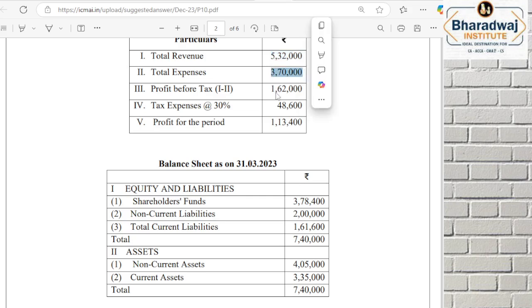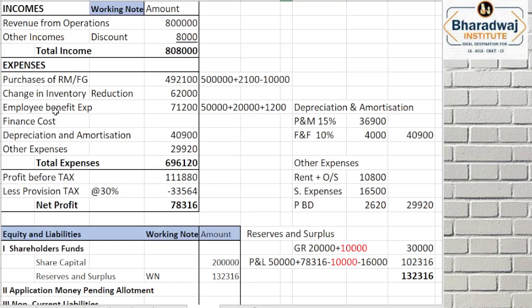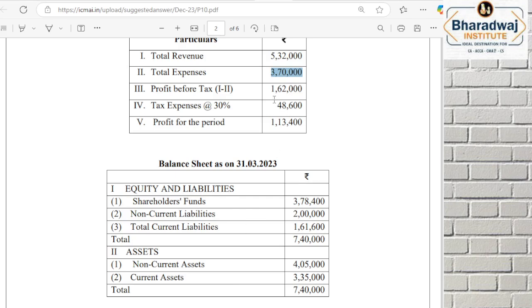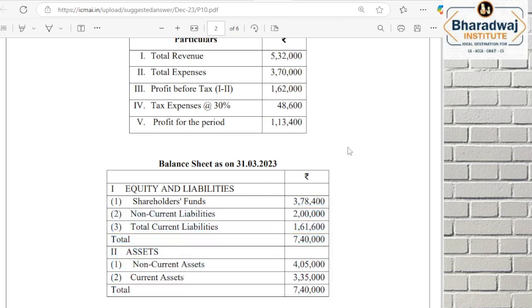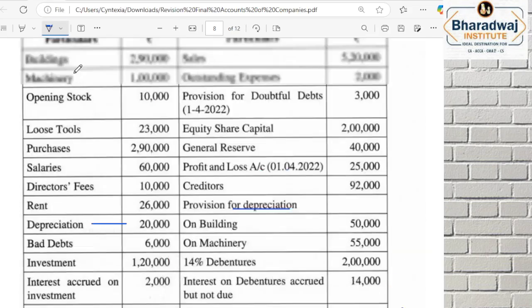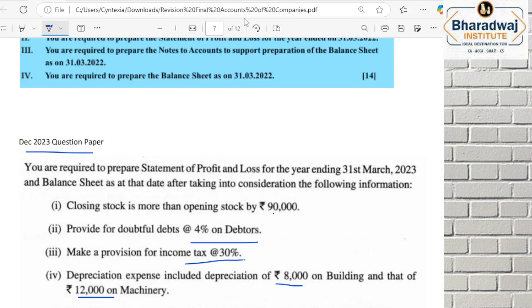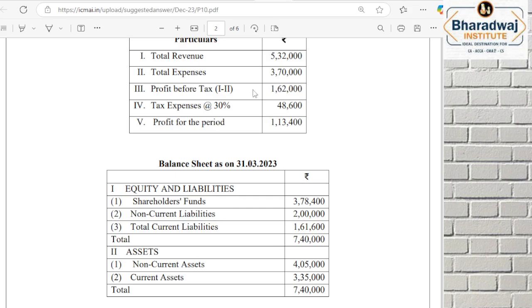Total of expenses, PBT comes to this. Total of expenses means all the 5 heads of expenses. Minus tax will give us net profit. Check your answer. This is the answer for the December 2023 question paper. Please check your answer. Hope you tried, then you are checking the answer.